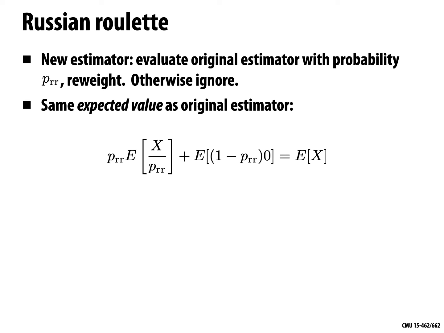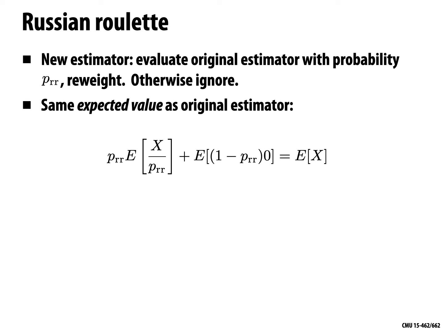To make sure that our final value is correct, we can write down a new estimator that has the same expected value as the original estimator. In particular, if x was our original random variable, then one of two things can happen.